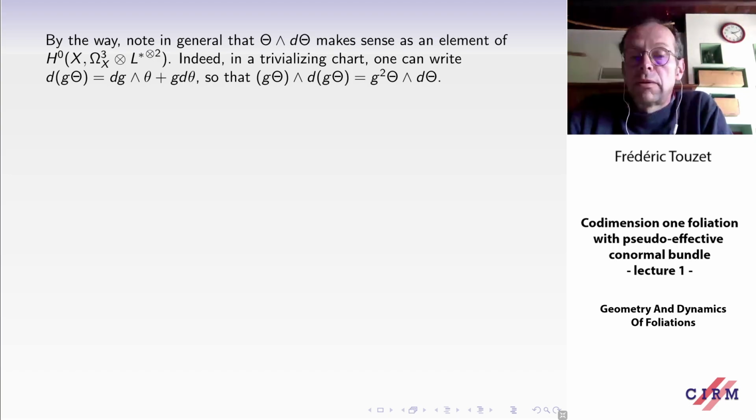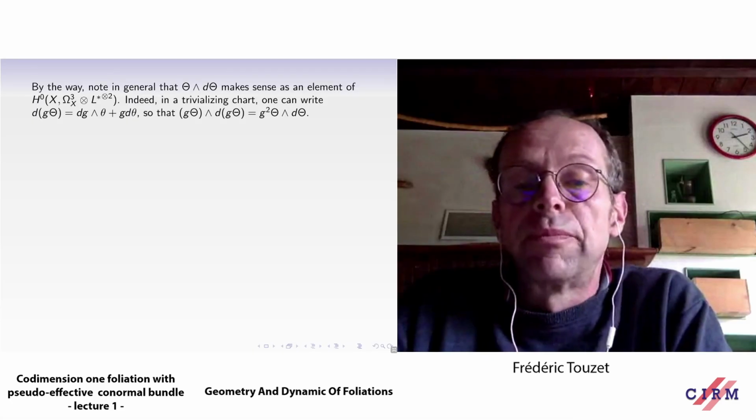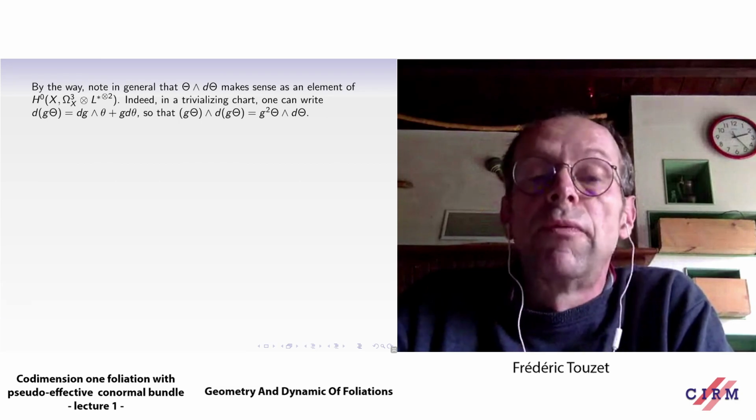So when taking the wedge product, the factor dg wedge theta is eliminated. We are left with g, carry g squared, sorry, theta wedge d theta. So this means that the wedge product is well defined as a twisted 3-form with values in L star to the power 2. Here L is a line bundle and L star is its dual; I consider directly its dual for convenience.